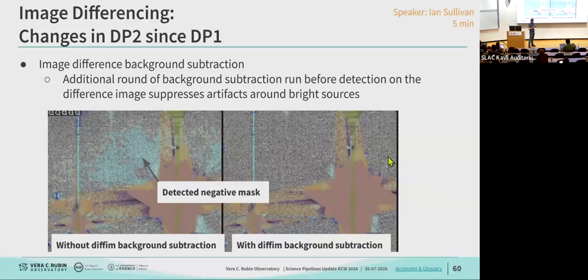And so I have implemented a far more aggressive form of background subtraction for the detection step so that we can filter out anything that looks like a pedestal region or otherwise, and that removes this whole cloud of detected region around this bright star and similar places. And now that looks very flat.